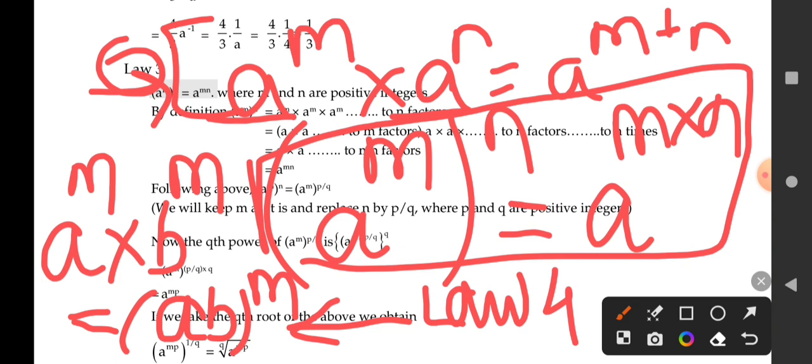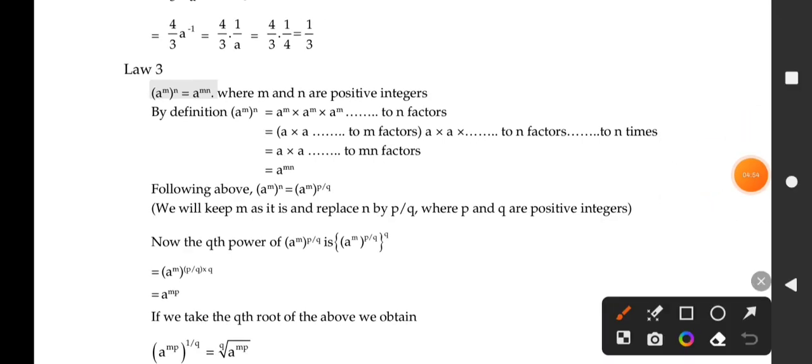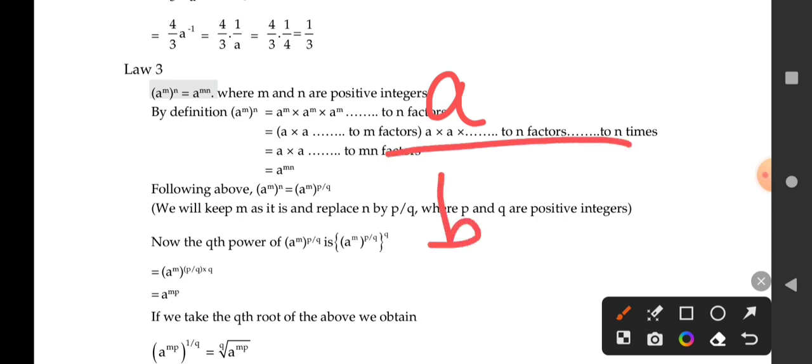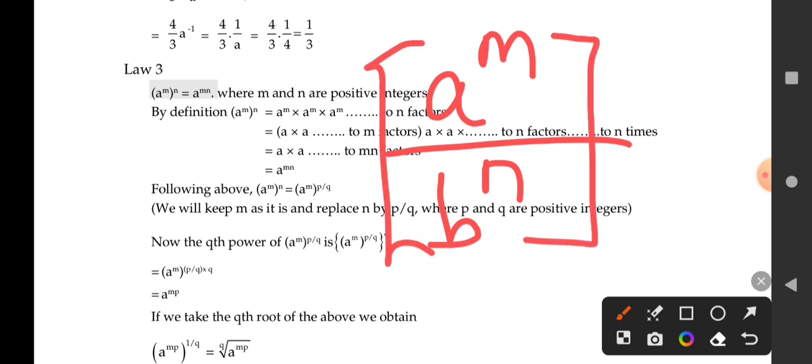I have more questions. What if there are different bases with the same powers and they are divided by each other? Just a minute, I will write it. So what if we have different bases, a and b, and same powers, a raised to n and b raised to n, divided by each other? Is there any law for this? No, there is no law for this kind of equation.